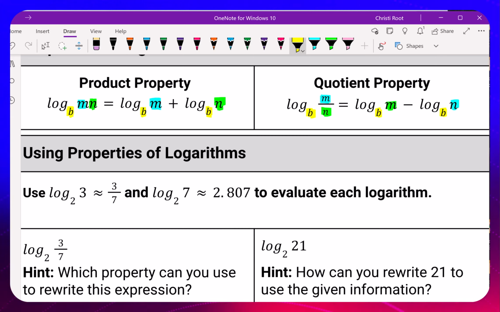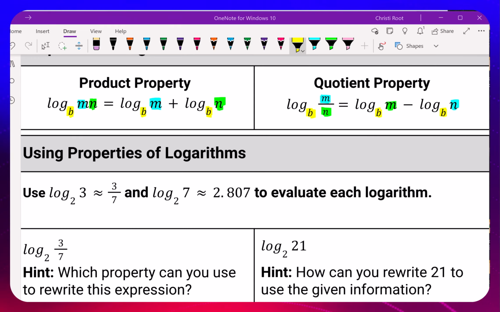So one more time, the product property allows you to separate the m and the n using addition, and the quotient property allows you to separate the numerator and the denominator using subtraction.